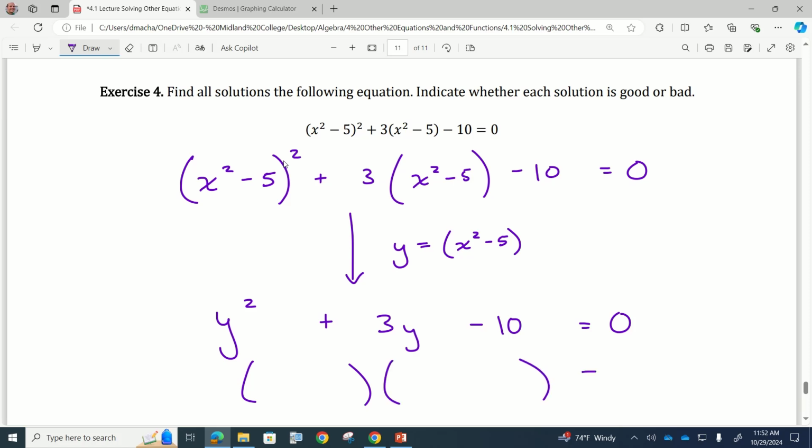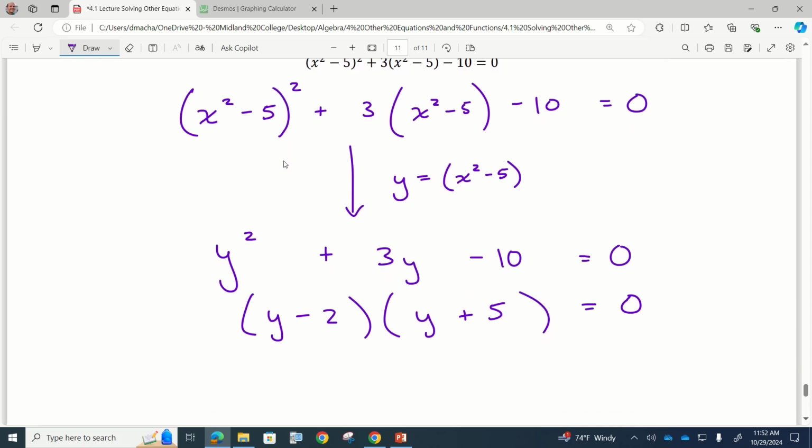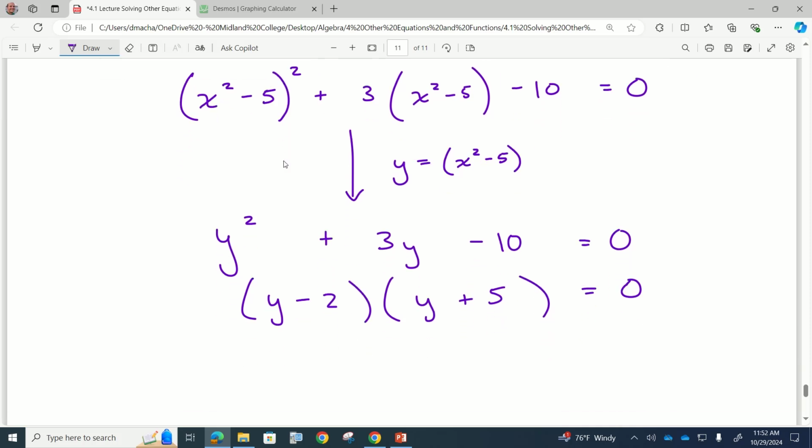This factors really easily. It factors as y minus 2 and y plus 5. And after factoring this, I know y equals 2 or y equals negative 5.